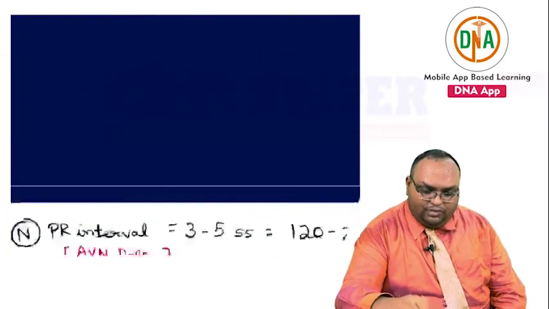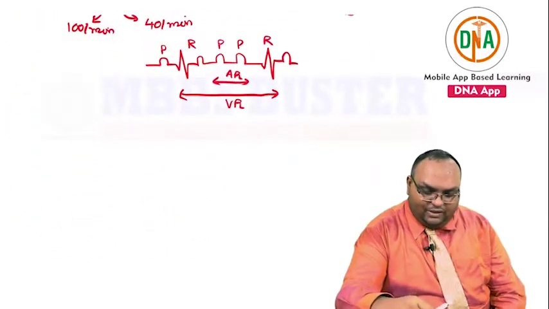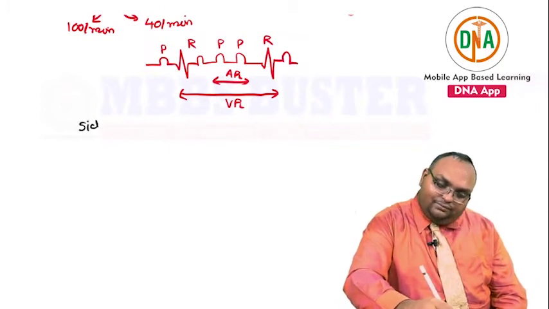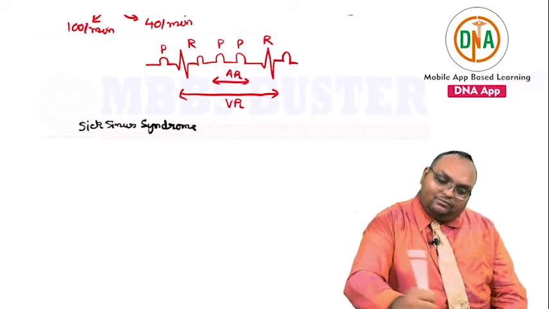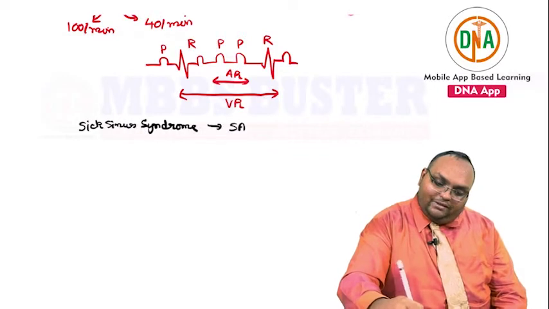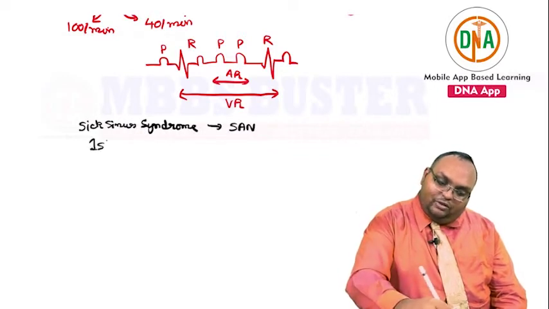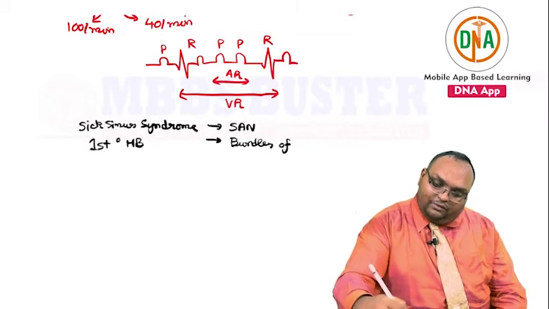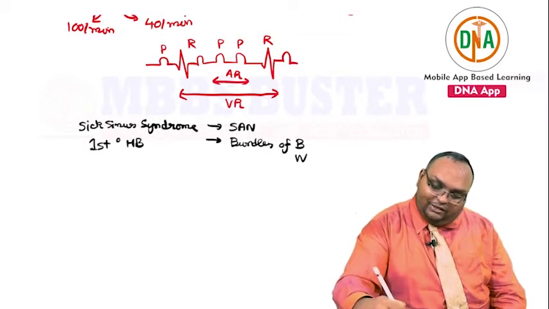So just a quick revision of where the pathologies lie. If it is a sick sinus syndrome, the pathology lies in the SA node. If it is a first degree heart block, the pathology lies in the bundles of Bachmann, Wenckebach and Thorel.